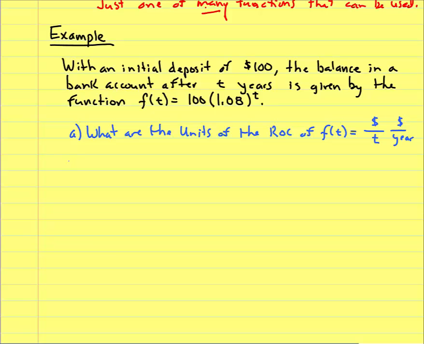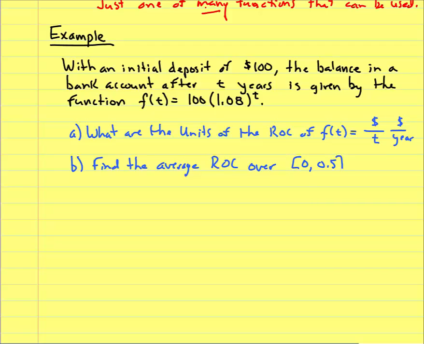Second thing, let's go ahead and find the average rate of change. And again, ROC is rate of change, over a couple different intervals. So the first interval, let's say, is 0 to 0.5.